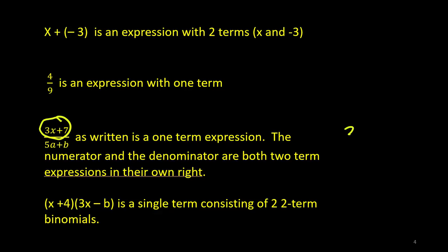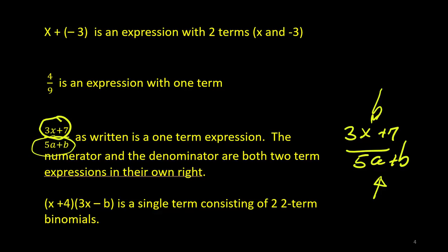So that's an expression, 3x plus 7, and the denominator 5a plus b. And even though these are expressions as written, this is a one-term expression.